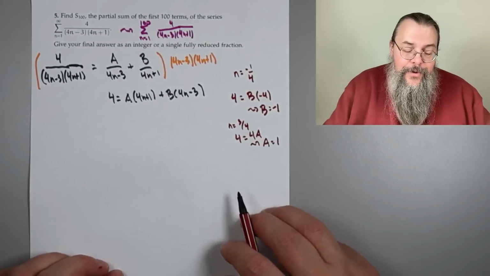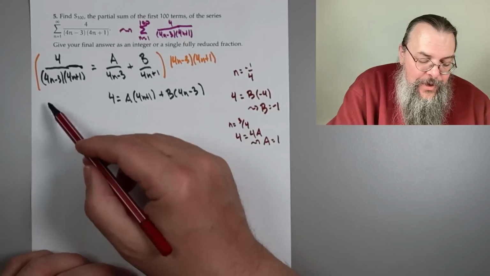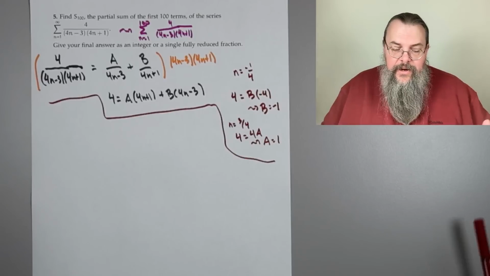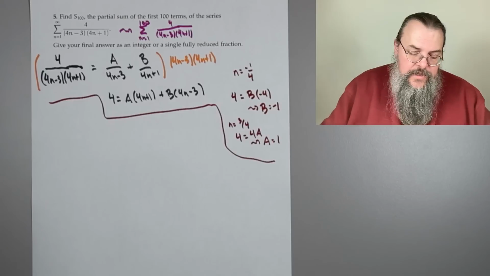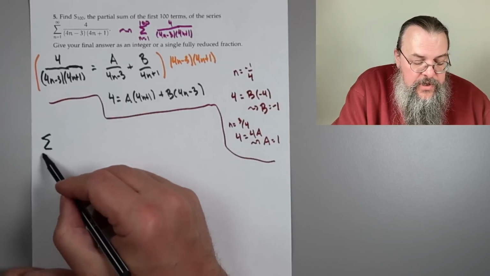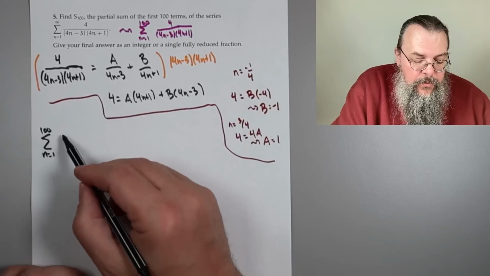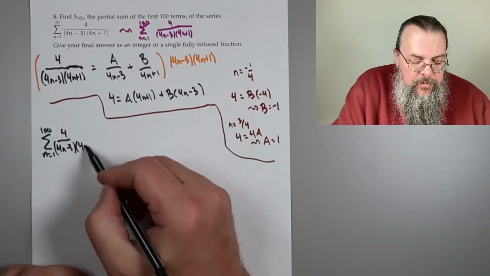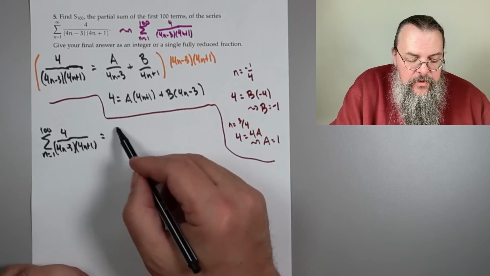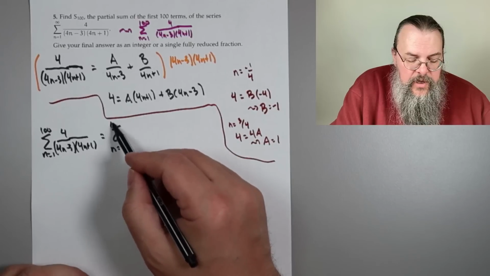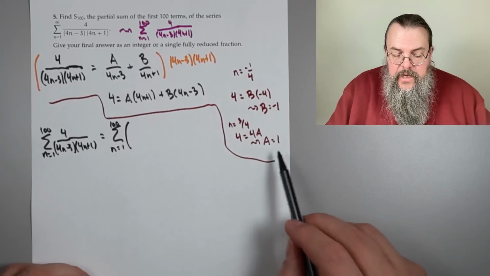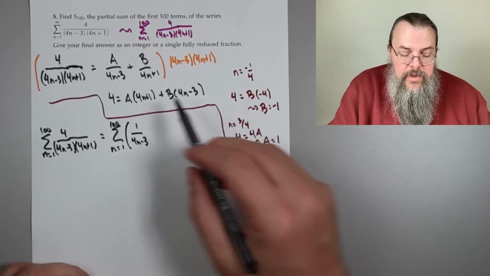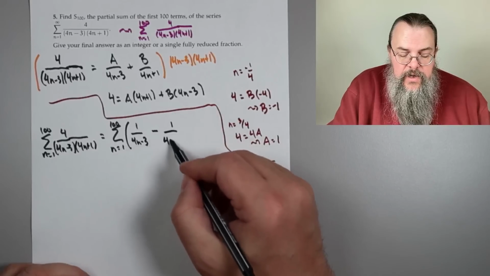So what is all of this telling us? Our sum from 1 to 100 of 4 over (4n minus 3)(4n plus 1) is equal to the sum from 1 to 100 of, now A is 1, so 1 over 4n minus 3, plus B, which is negative 1, over 4n plus 1.